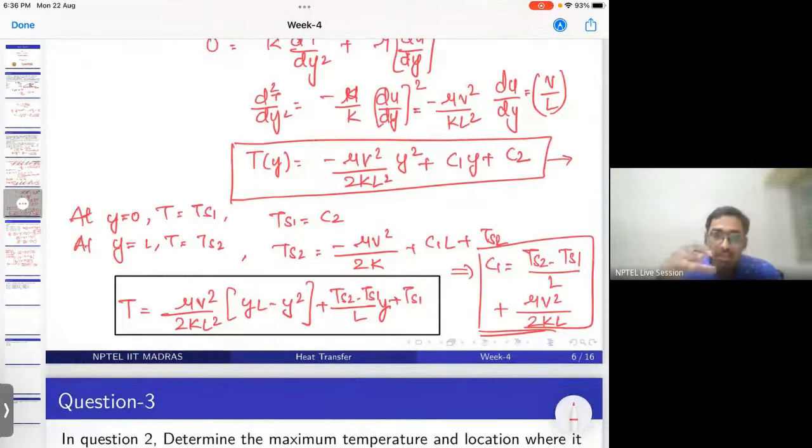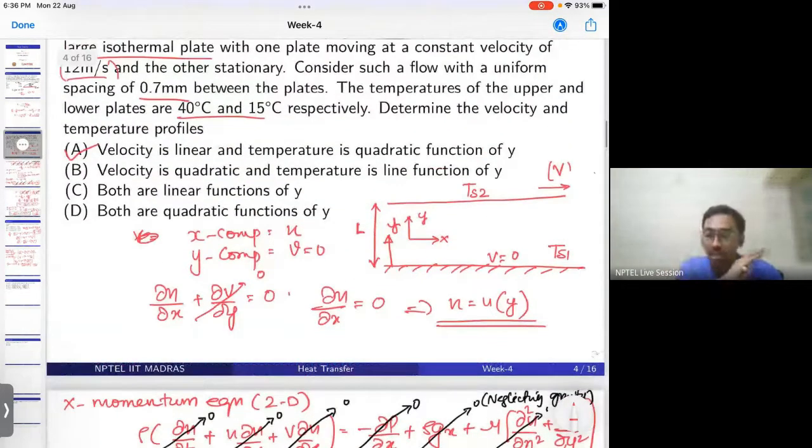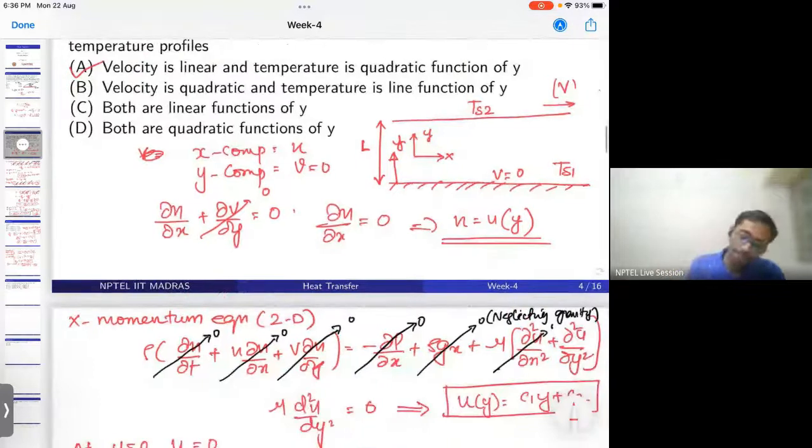The expression will be almost similar, but there will be some difference based on how you select the y value or the coordinates. But the final answer will be the same in any coordinate system. So I am taking y from the bottom plate. You can consider otherwise, if this makes you confused.